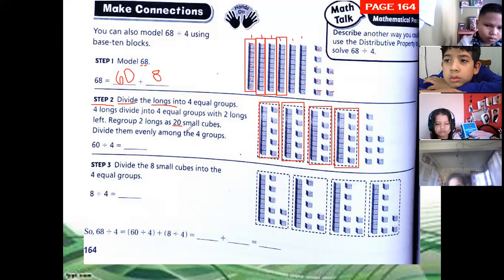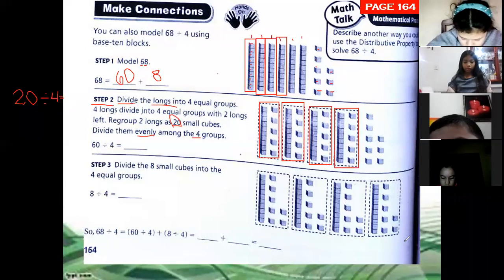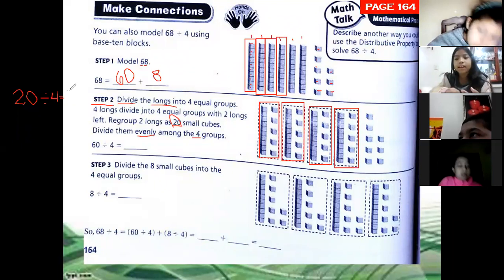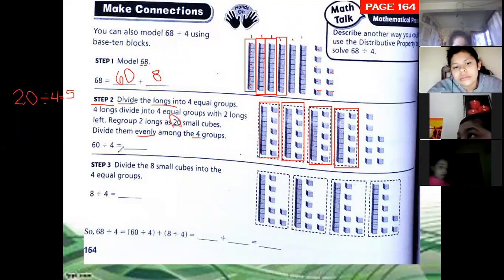Now we have to divide the 20 evenly, de manera uniforme, de manera igual, among 4 groups. So I know that 20 divided by 4 equals, table of 4, 4 times, Melanie, turn on your light. 4 times 5 equals 20, exactly.